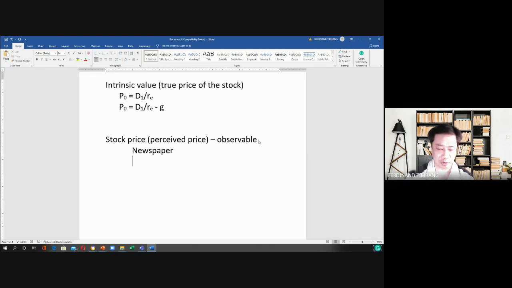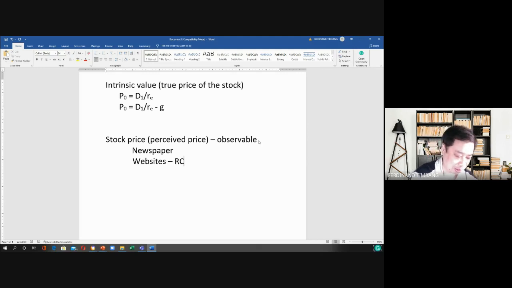So anyway, we have the newspaper as one of the bases. And then another one is of course the websites, websites coming from the providers. We can also say websites, for example of the stock brokerage companies.